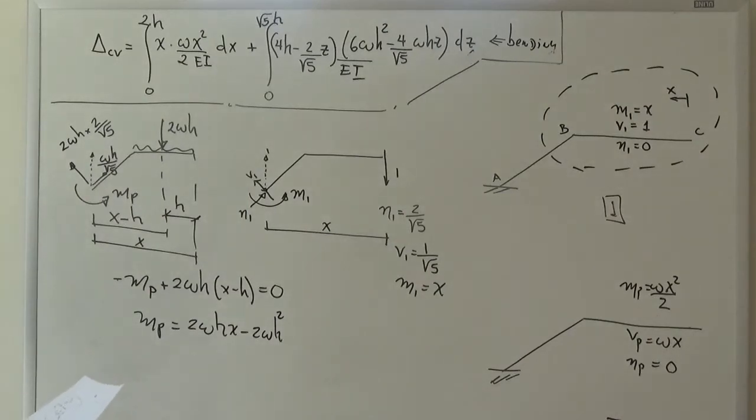Let me see, I'm trying to stay organized here with the stuff that I have. Let's see. So this one is not needed. Now we have V is equal to wh over square root of 5.